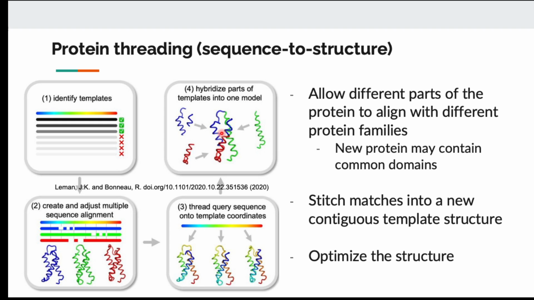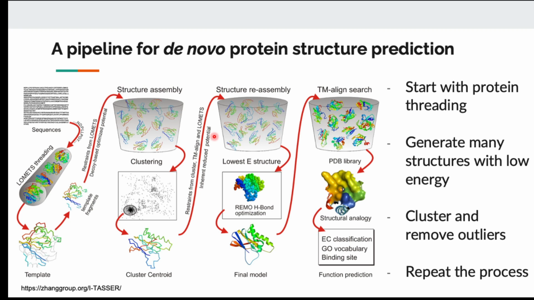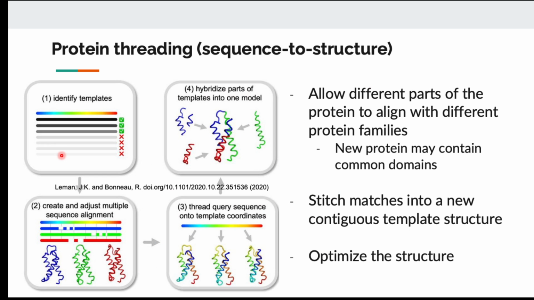If you go back about maybe 5-7 years, this was the state of the art for protein structure prediction. You start with a protein sequence and follow this protein threading idea. You split your protein sequence into different chunks, and for each chunk you search for a template for the structure of that chunk.